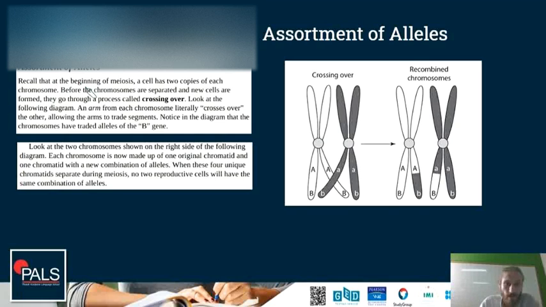Assortment of alleles. Recall, a few slides ago we learned about meiosis, and briefly talked about it, that at the beginning of meiosis a cell has two copies of each chromosome. Before the chromosomes are separated and new cells are formed, they go through a process called crossing over.